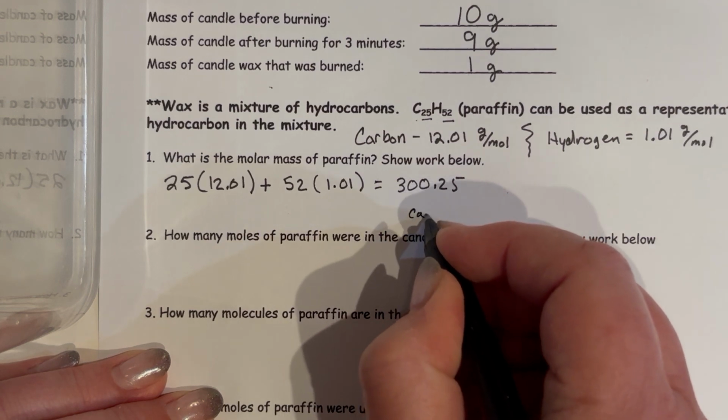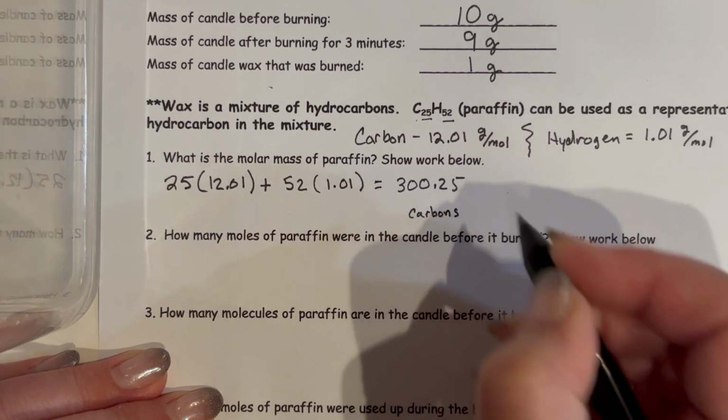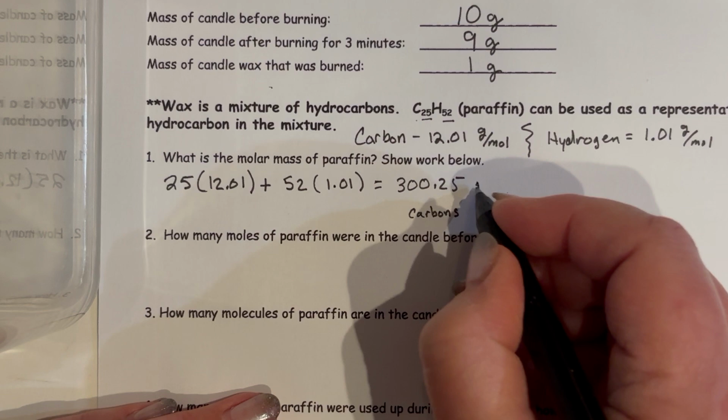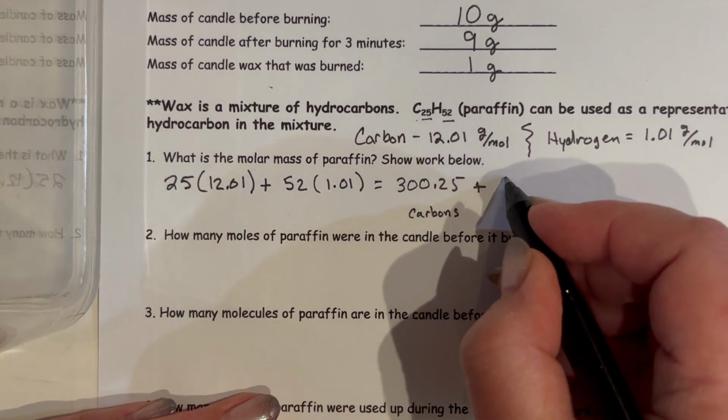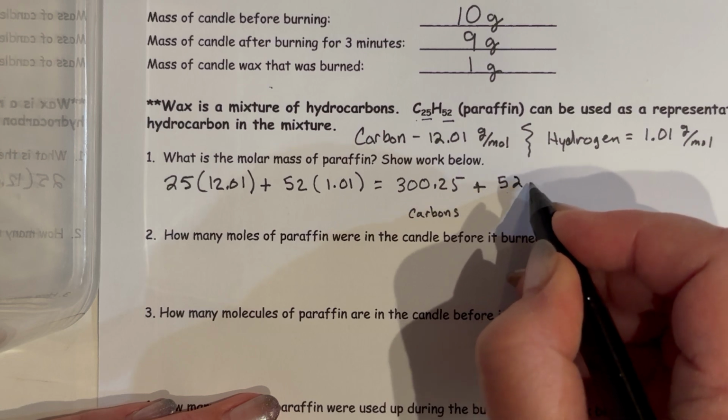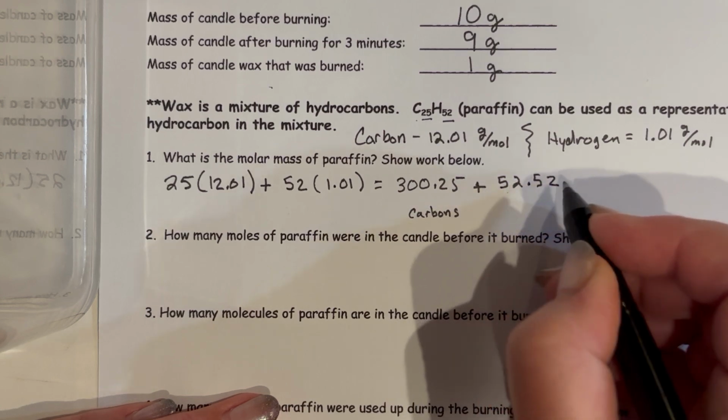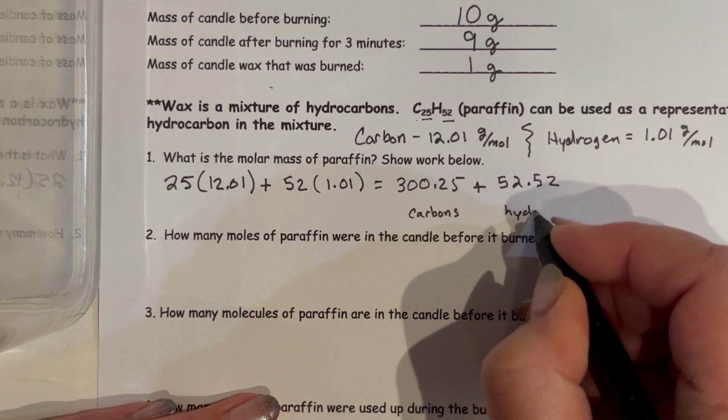That's all your carbons there. Then we add to that all your hydrogens, 52 times 1.01, which is 52.52. That's all your hydrogens.